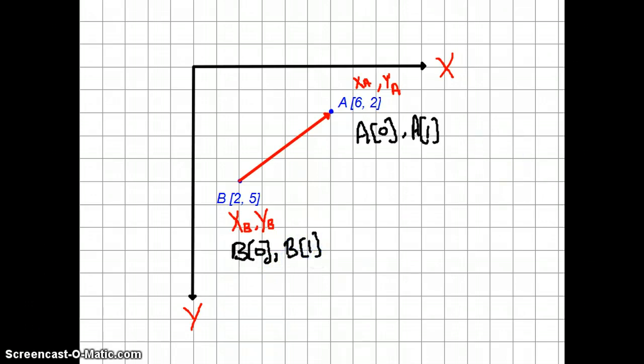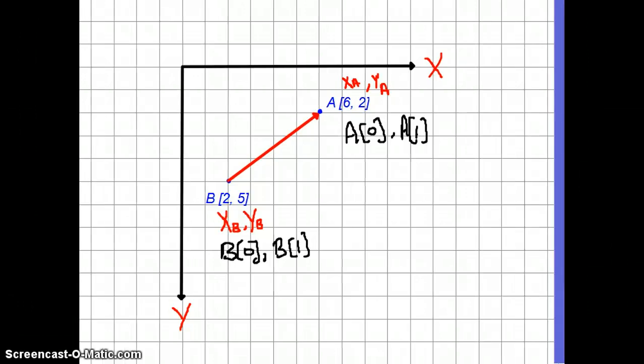Now, to figure out the distance between these 2 points, we should create two vectors whose addition is the vector BA. The two vectors that have their addition as the vector BA are this vector right here and this second vector right here.